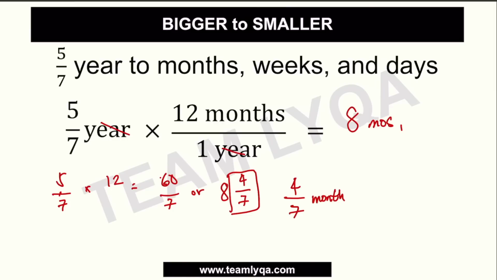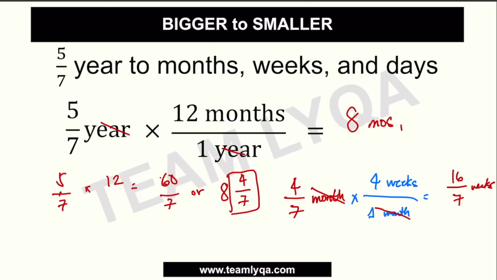Right? So, I will do the same thing again. Pero this time, ang ika-cancel ko naman ay yung month. Now, ang 1 month is equivalent to 4 weeks. So, para ma-cancel ko ito, i-multiply ko ngayon yung 4 over 7 sa 4. This is going to give me 4 times 4 is 16 over 7 weeks.